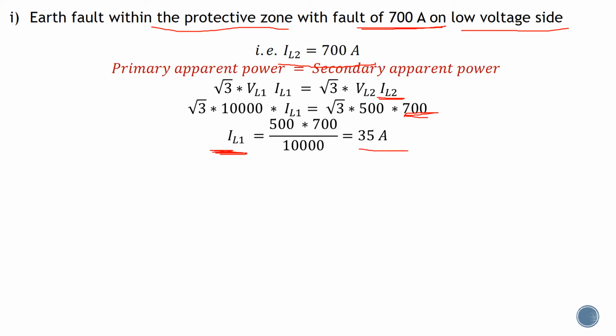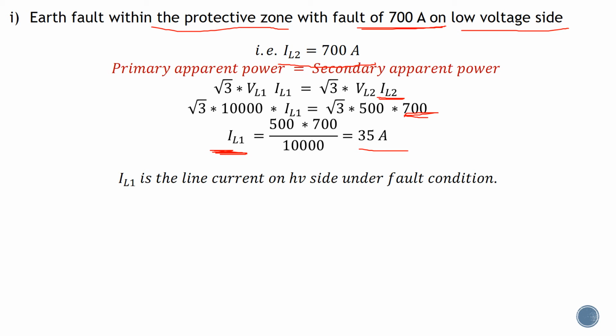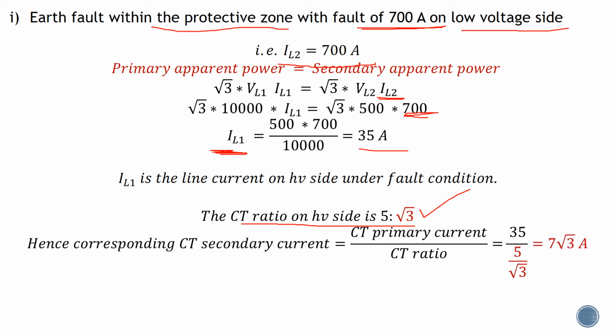We can easily calculate the CT secondary current, as we have the CT ratio of the high voltage side, that is 5 by √3. We have already calculated this in the previous slide. So the corresponding CT secondary current here will be primary current divided by the CT ratio, which is 7√3 ampere.